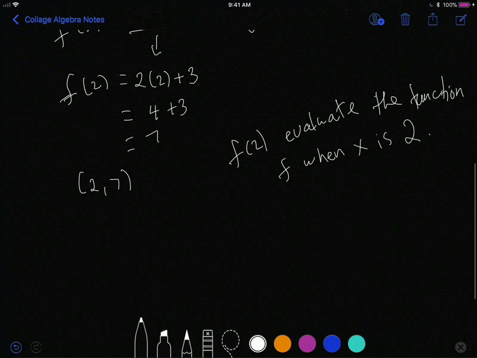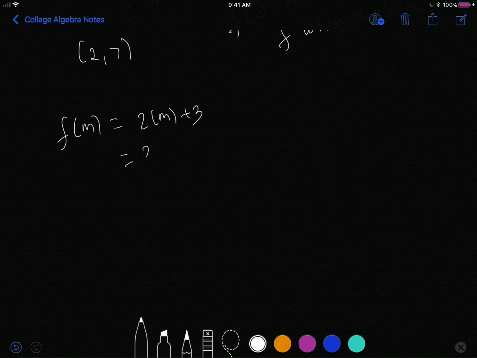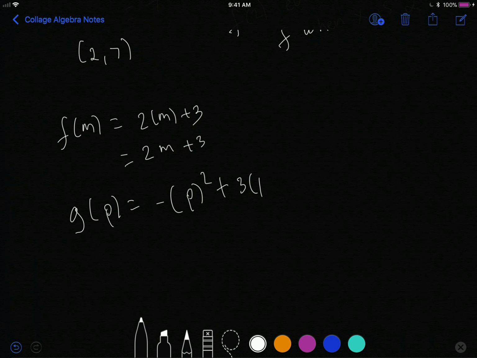But one of the major advantages of functions is that you can plug more into a function than a simple number. For instance, I could have f of m, which would simply mean plug m into the function, which is just 2m plus 3. I can have g of p, and that will simply be negative p squared plus 3 times p minus 2.